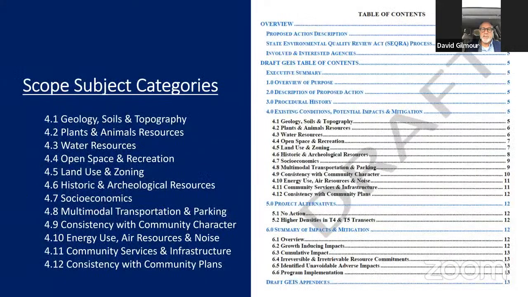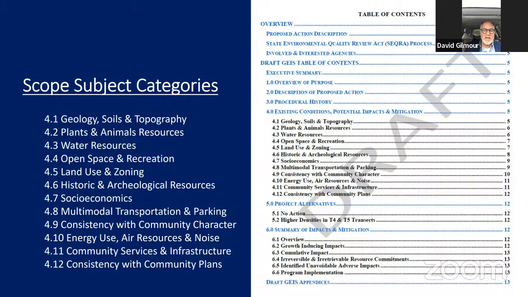Next slide, please. And so within the draft generic environmental impact statement scoping document that we've put out for public consideration, I just wanted to identify the categories under which we're organizing this document. On the right is the table of contents, but there are essentially 12 categories.